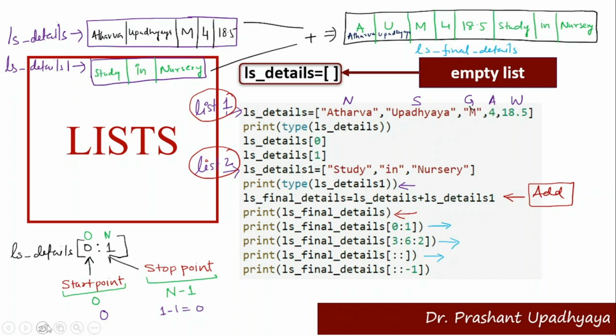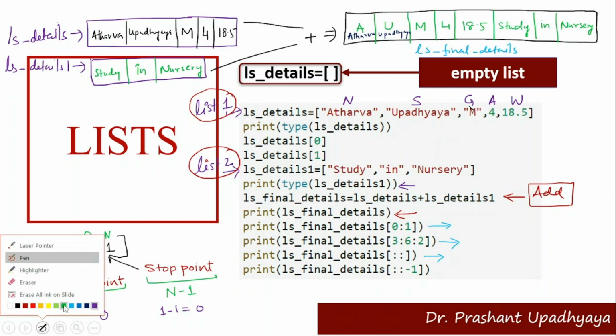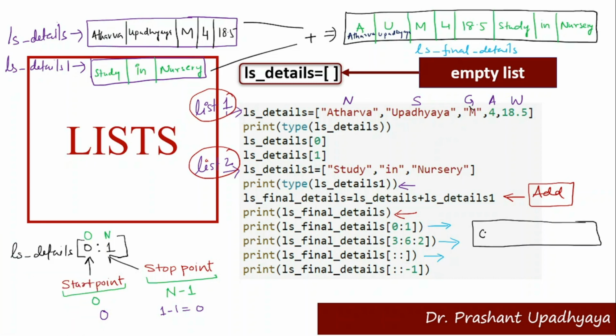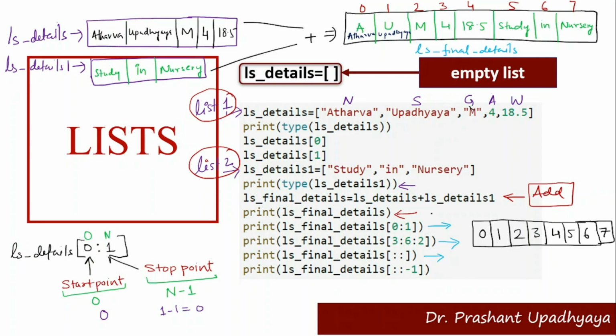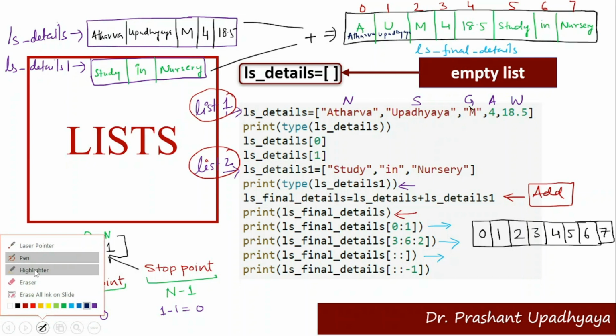In general, if we have indexes 0, 1, 2, 3, 4, 5, 6, 7, and I take the example of 0:1, I will be getting only this one.